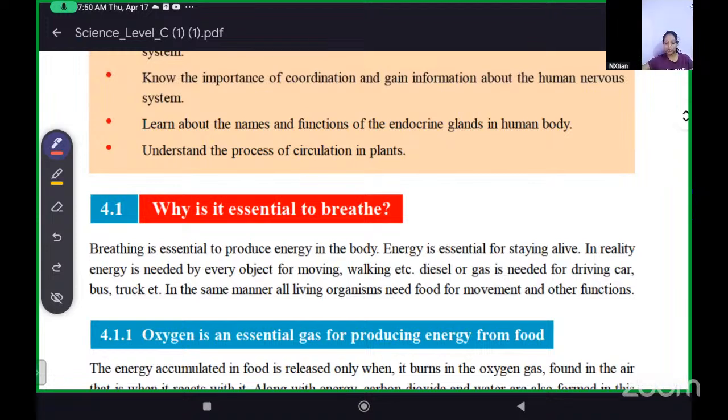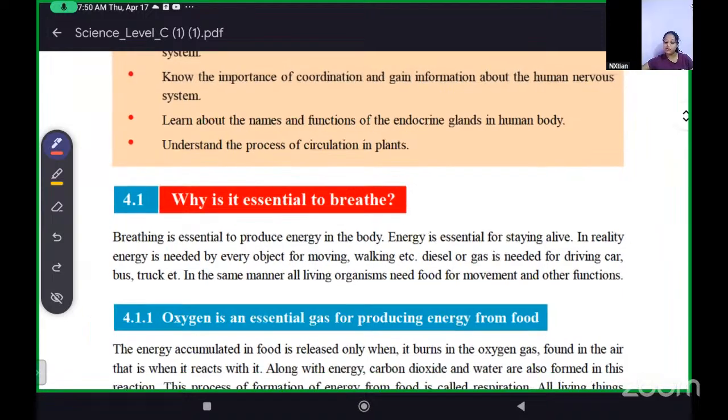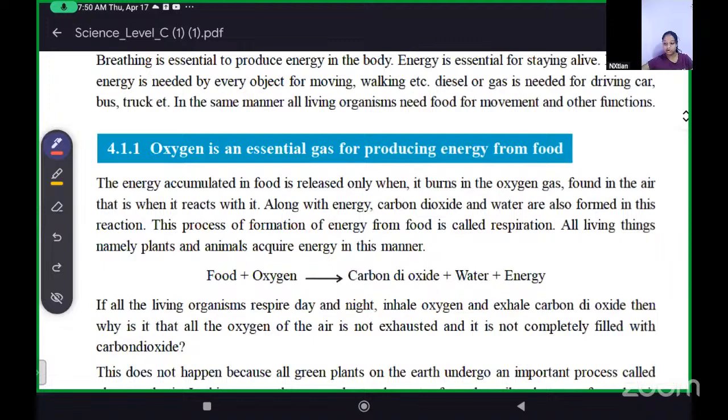In reality, energy is needed by every object for moving, walking, etc. For driving a car, we need petrol, diesel, or gas. In the same manner, all living organisms need food for movement and other functions.